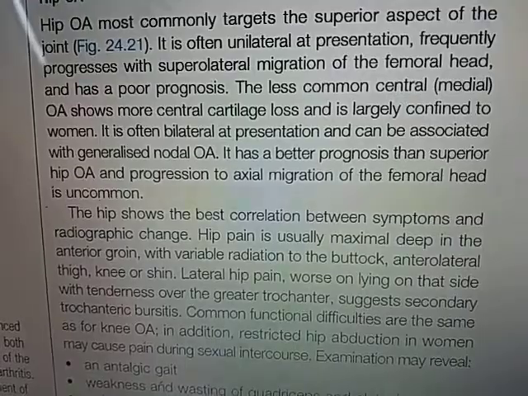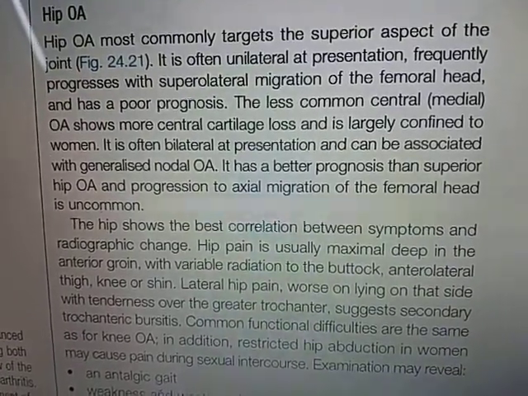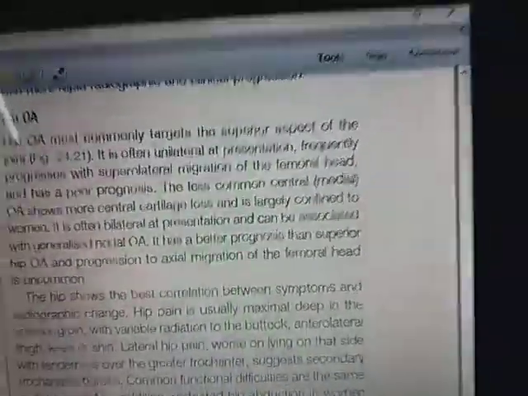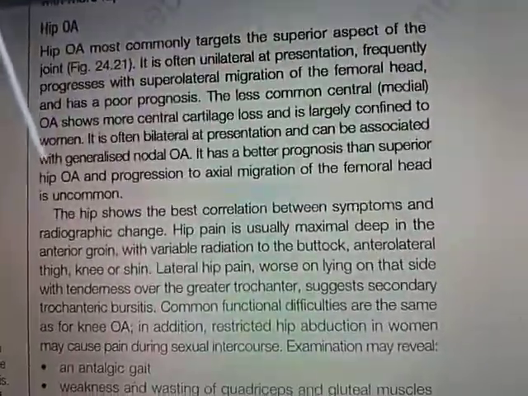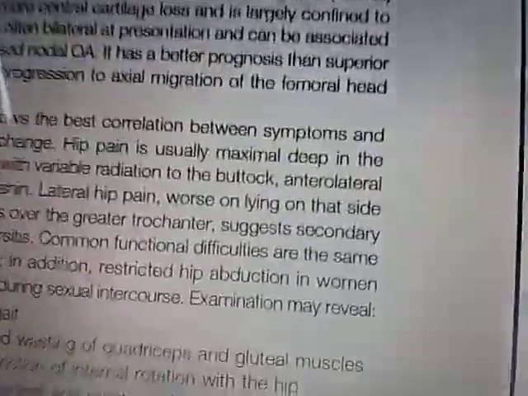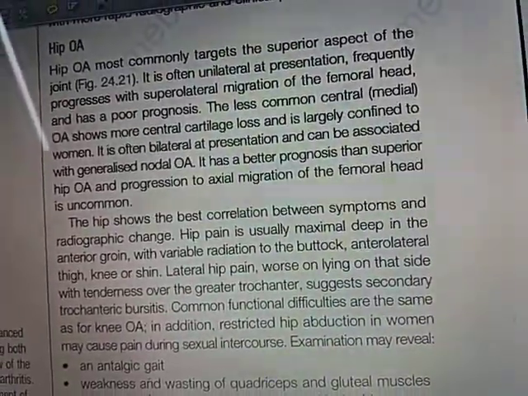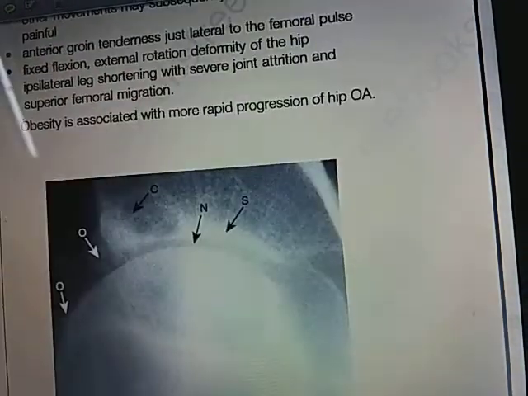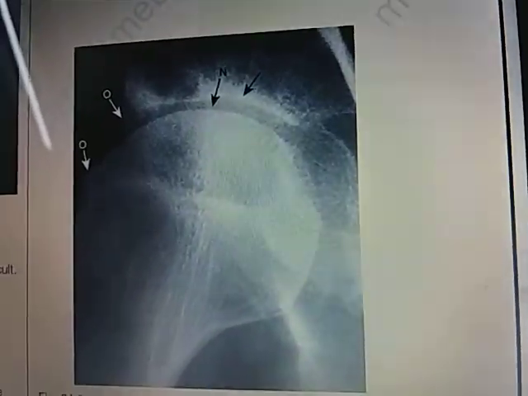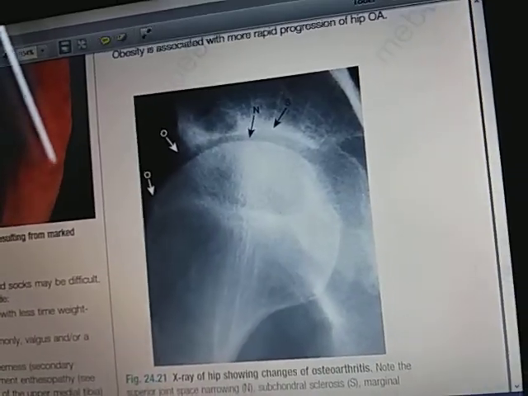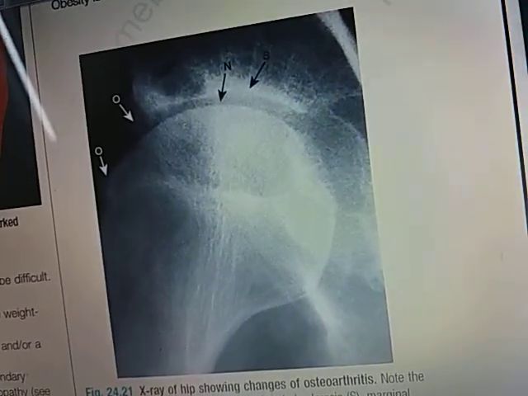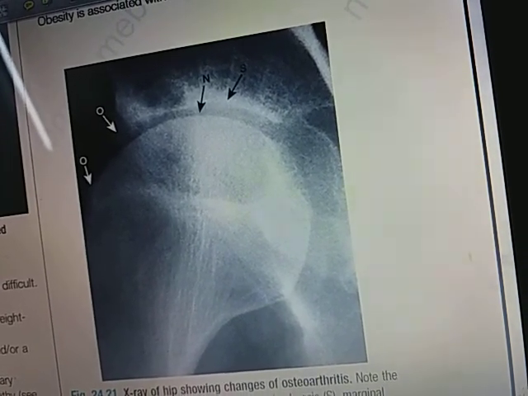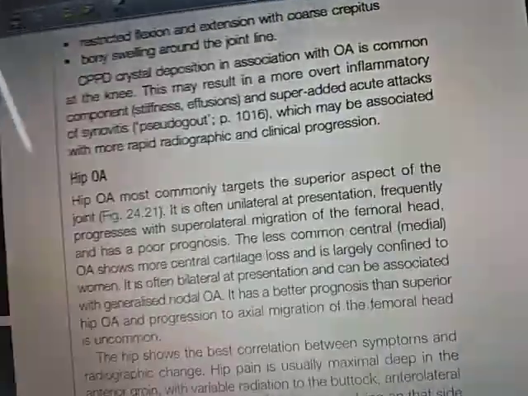The hip OA might be associated with trochanteric bursitis, so there might be localized tenderness on the trochanteric bursa. Here, X-ray of the hip showing the superior and the central OA changes.